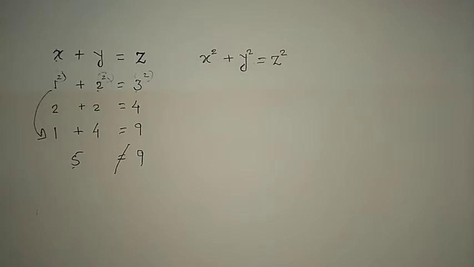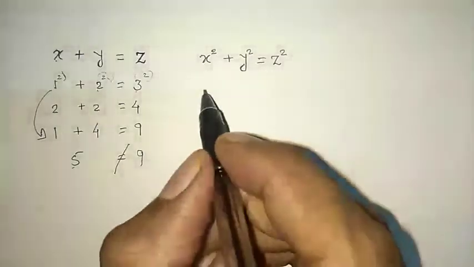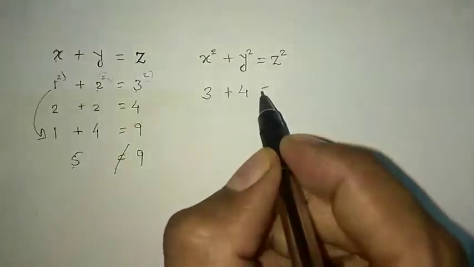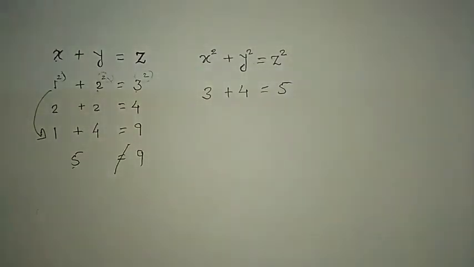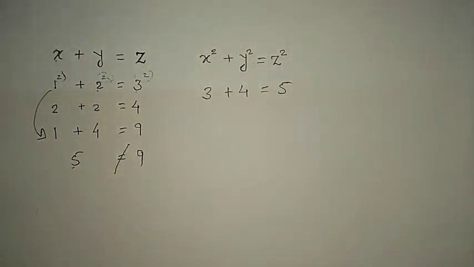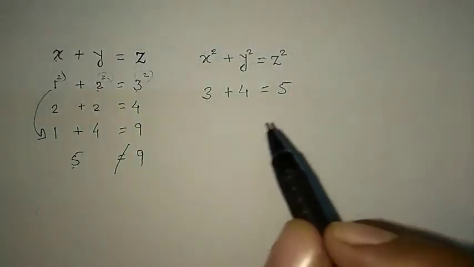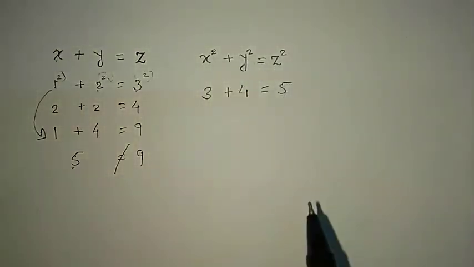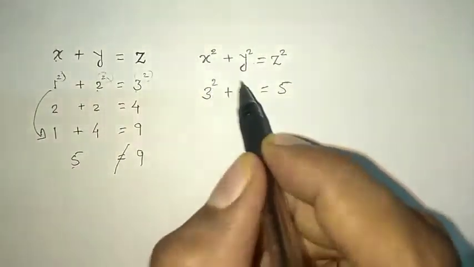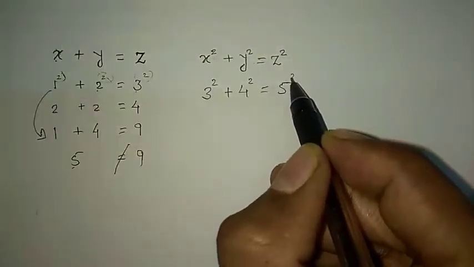So which solution would you suggest? Yes, we have another solution. For example, 3, 4 and 5. 3 plus 4 equal to 5? No, 3 plus 4 is 7. We are writing the solution for x square, y square and z square, not for x plus y equal to z. So 3 square, 4 square, 5 square.